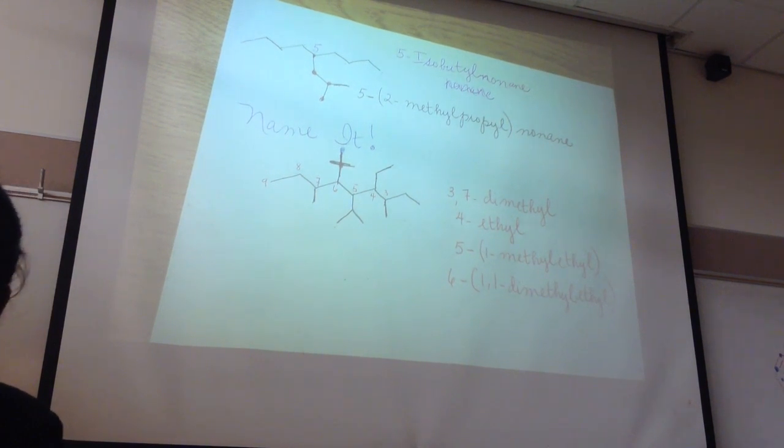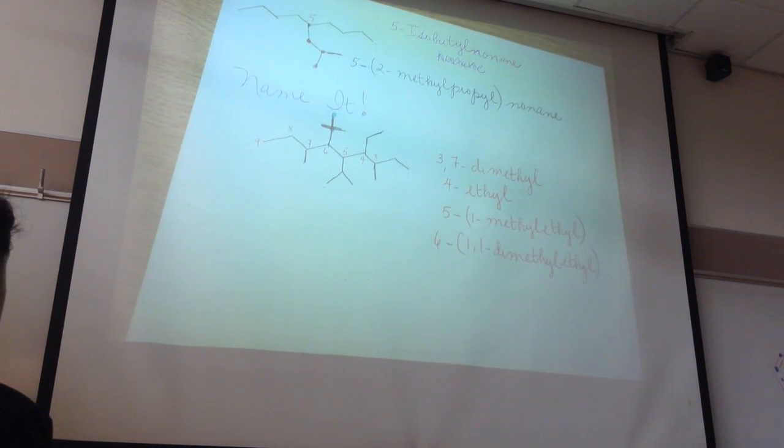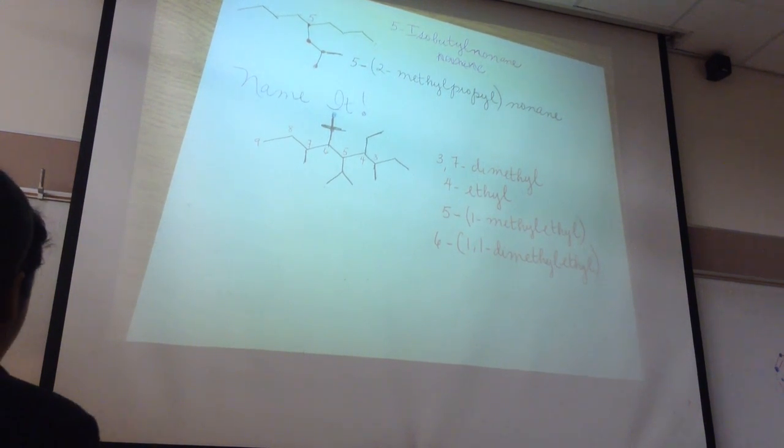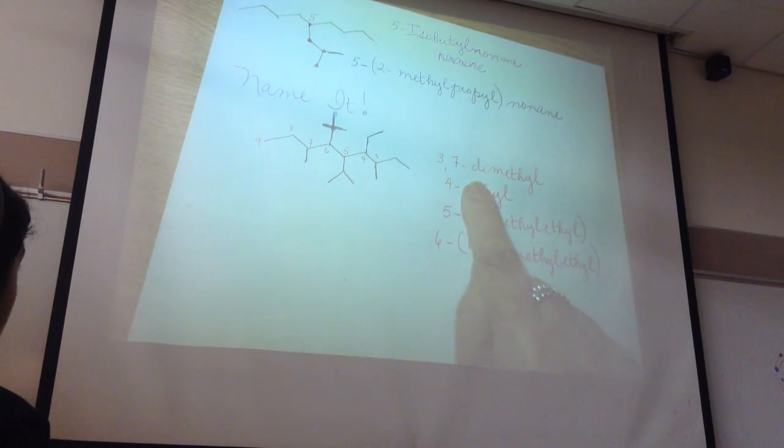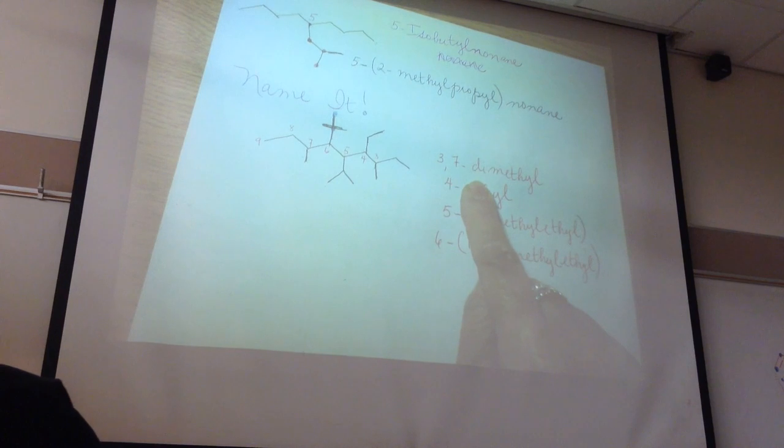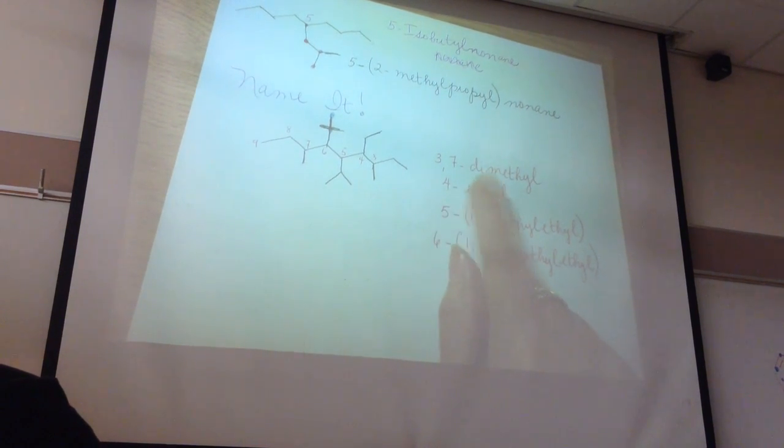Okay, now you have to organize this in alphabetical order, and now the stories get even more complicated, okay? When the di is just saying that you have more than one, you do not follow the alphabet for that. So if you're organizing alphabetically, that di does not count. So it will be the M that counts for the alphabet.